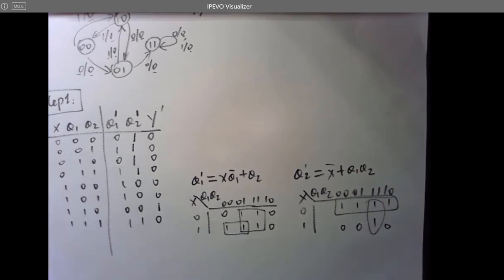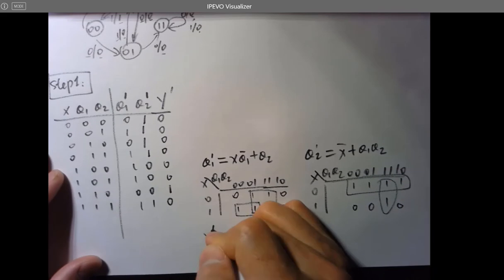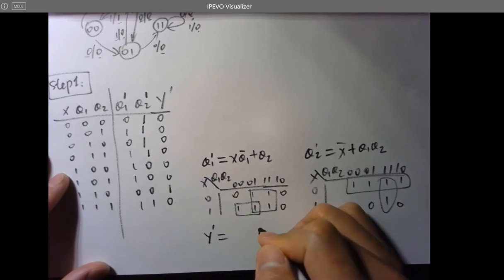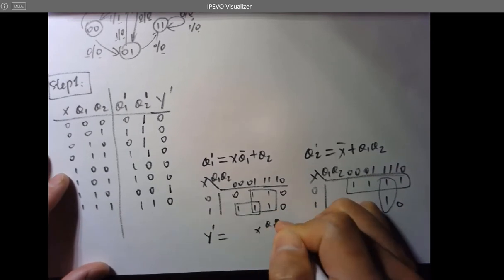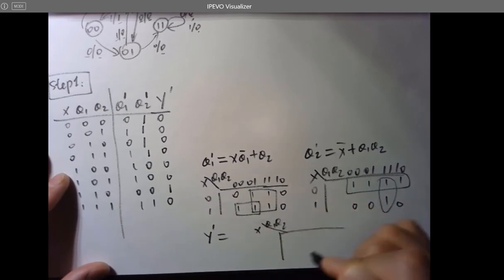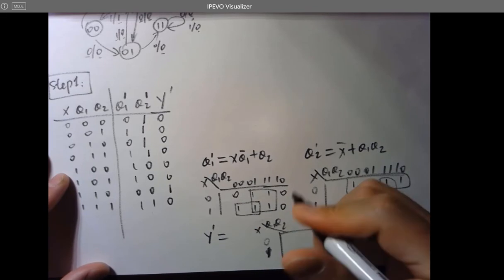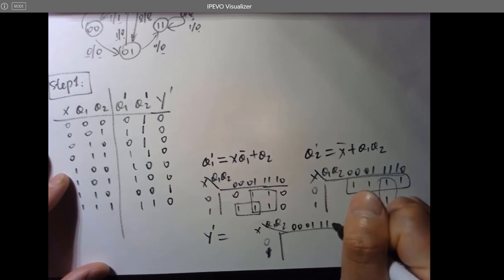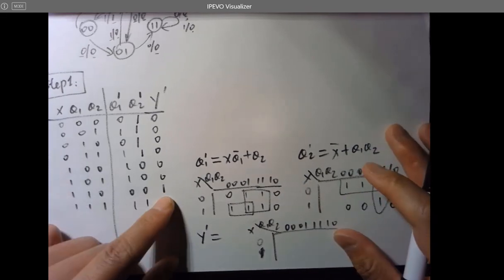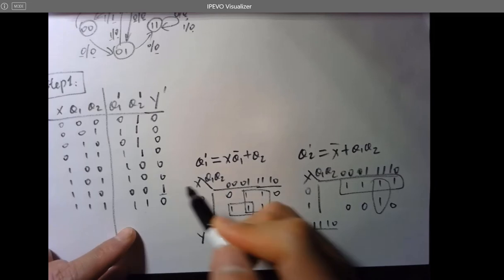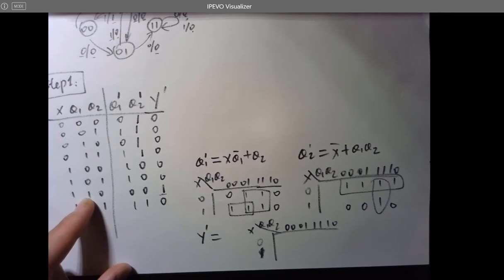Okay, and next, Y prime. What is Y prime? You need the same stuff. 010, 011, 110. And you only have one term, so you don't actually need a K-map.